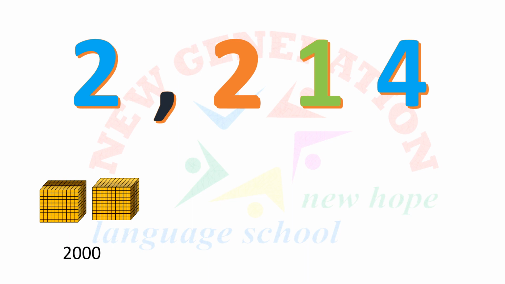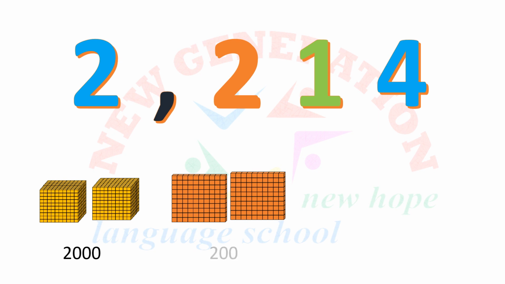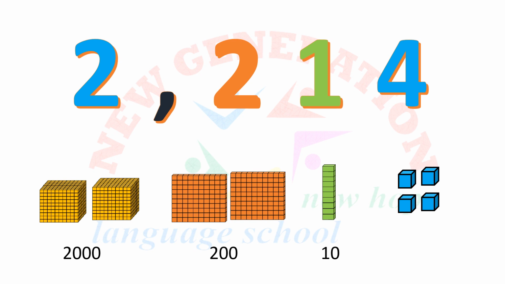The value of the digit 2 is 2000. The value of the orange 2 is 200, and the value of the 1 is 10, and the value of the 4 is 4.